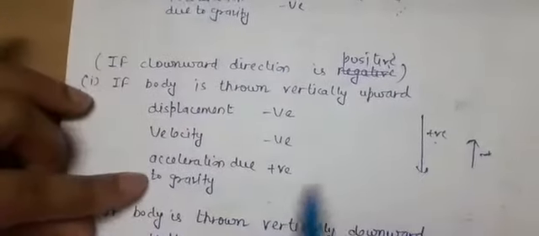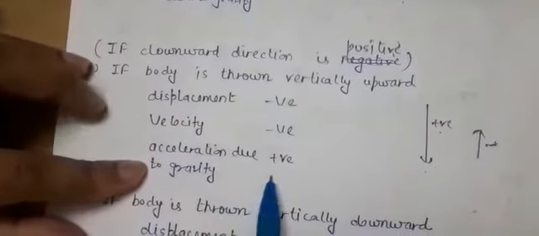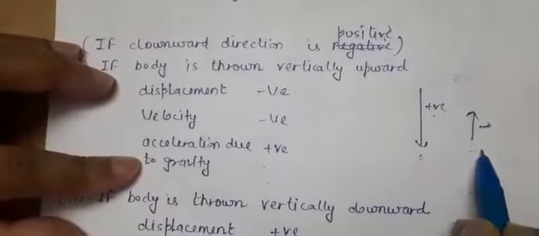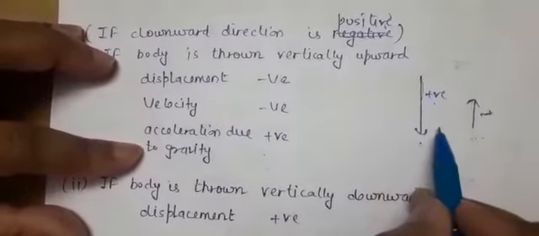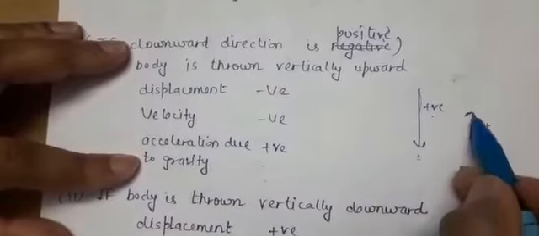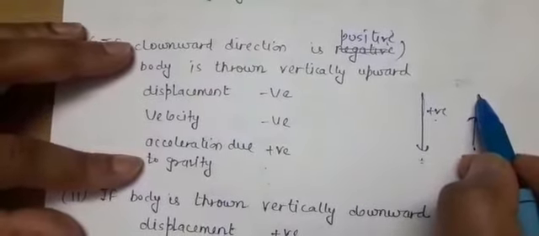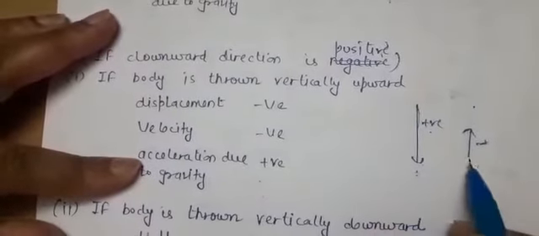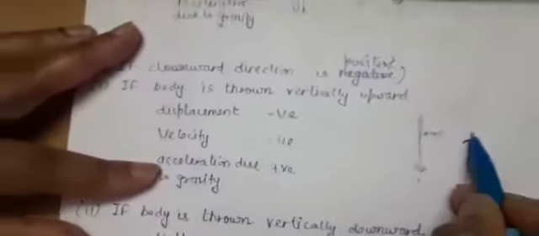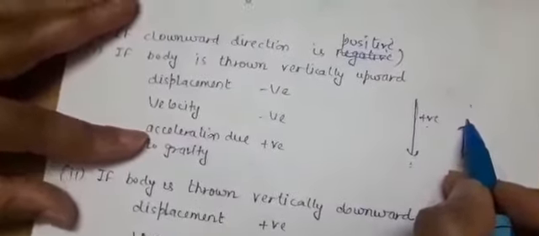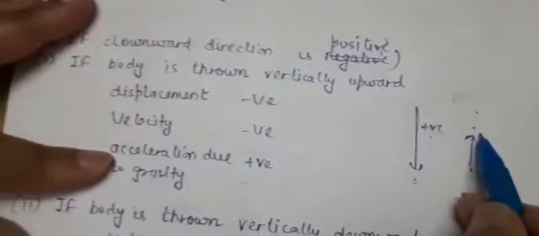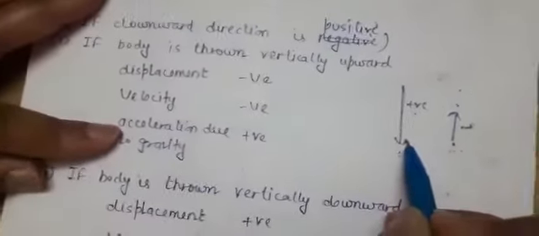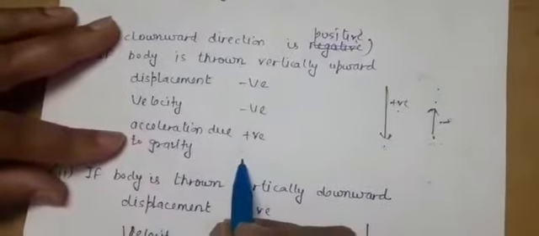So in that case, acceleration due to gravity will be positive, but displacement and velocity will be negative. Why? Because the body is not going downward, the body is thrown vertically upward. Remember, our convention is downward, but the direction of motion is opposite to it. So displacement and velocity will be negative, but acceleration due to gravity is as per the convention chosen, so it will be positive.